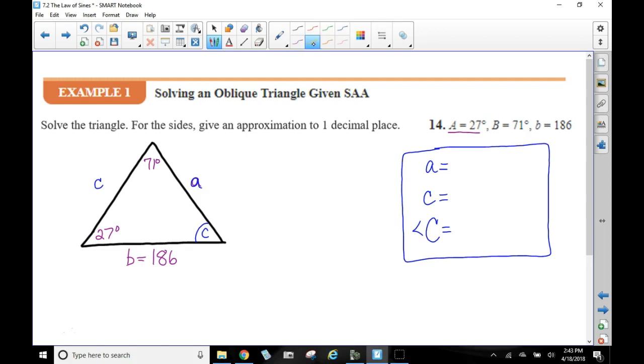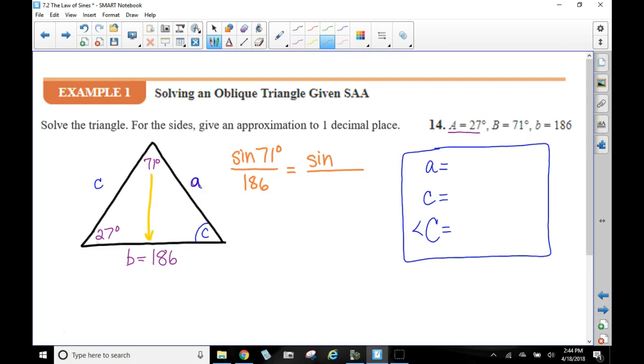We have an angle as well as its opposite side. So we are able to write the ratio that the sine of 71 degrees, angle B, is to side B, 186, as the sine of another angle is to its side opposite.